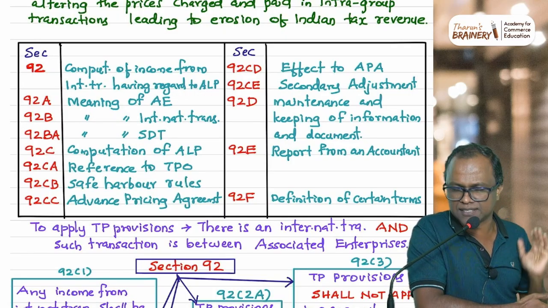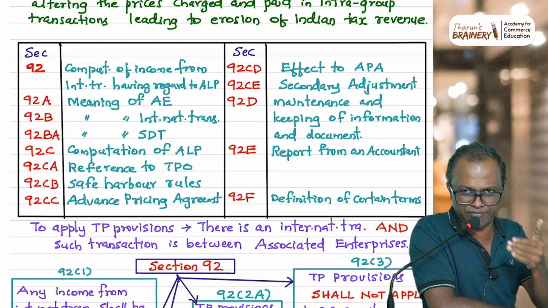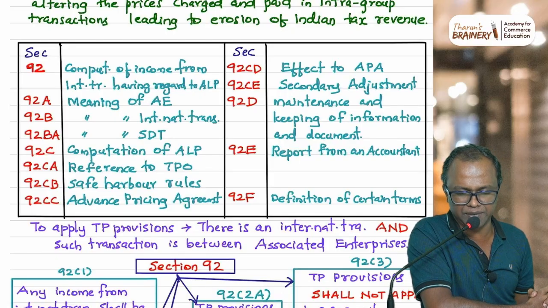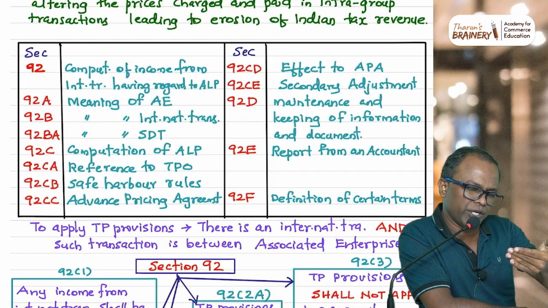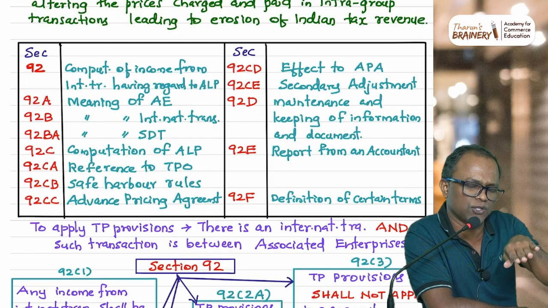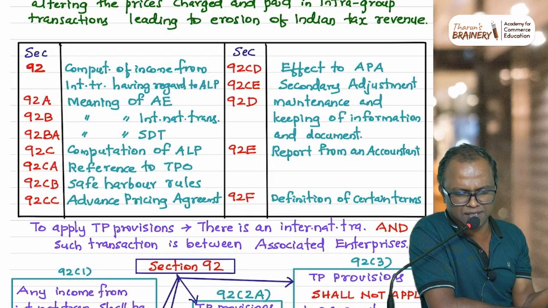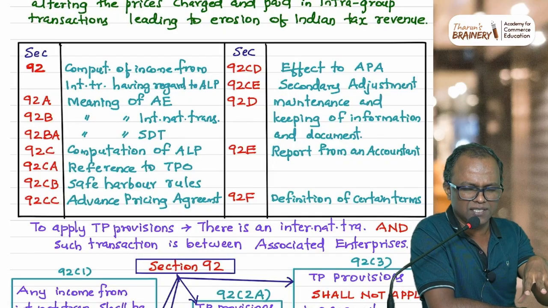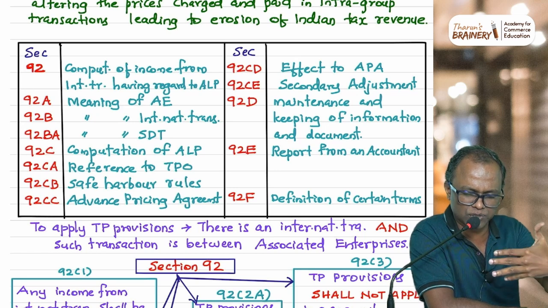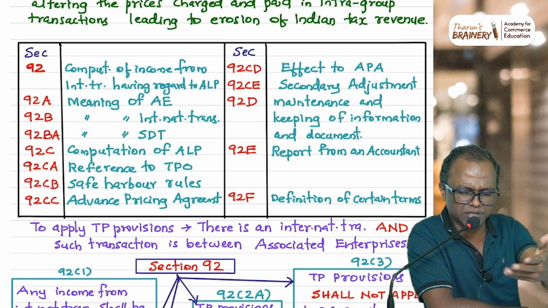And another interesting situation, similar to the safe harbor rule, to reduce the litigation, they put a provision, advance pricing agreement. That is, before going into transactions with an associate enterprise, in advance, go to the department and tell them, this is our mode of business. We are going to provide these types of services or send these types of goods to our associate enterprise. These are the purchases or sales.